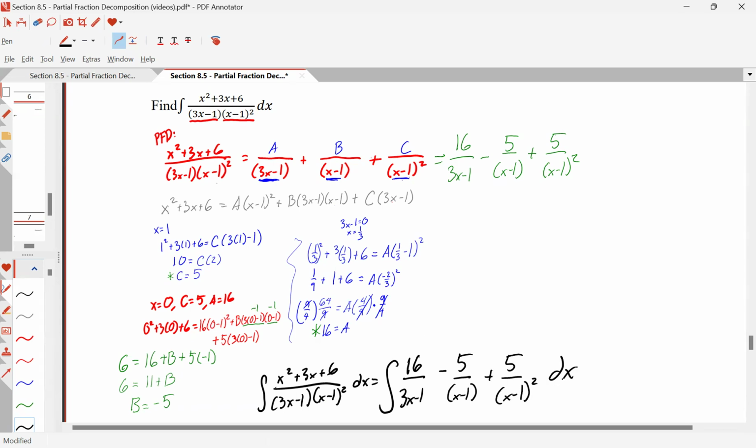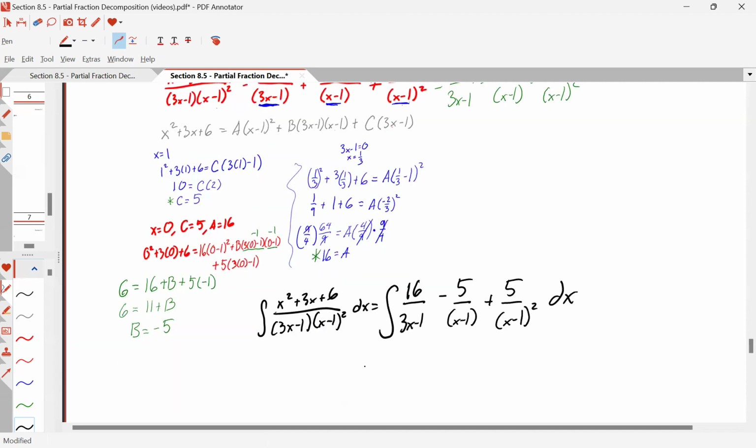You may want a u sub to really fully see them, but each of the u subs would be their linear factors. And this integrates into 16/3 times the natural log of 3x minus 1, minus 5 times the natural log of x minus 1.